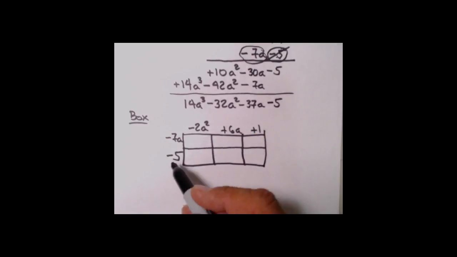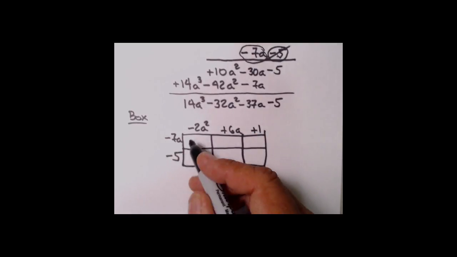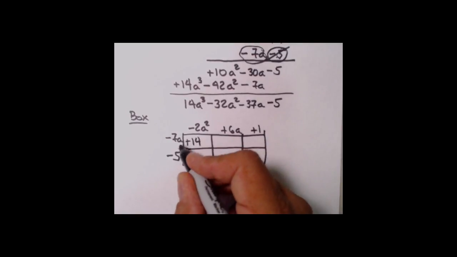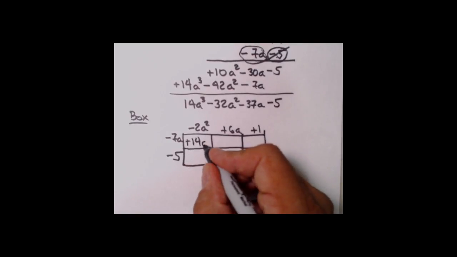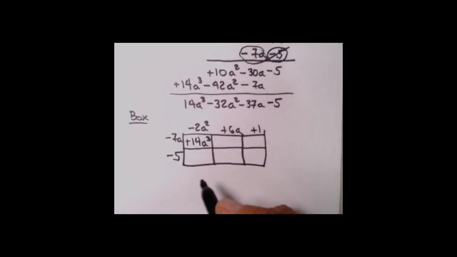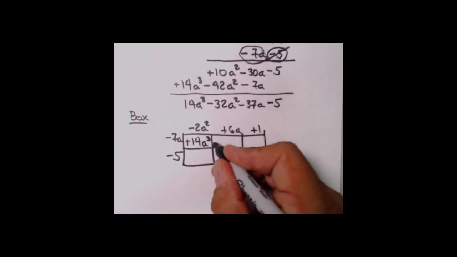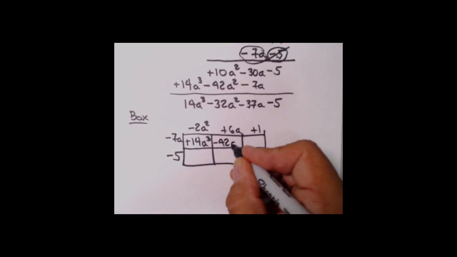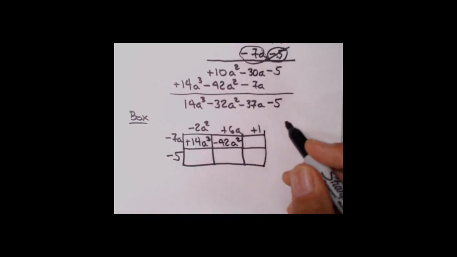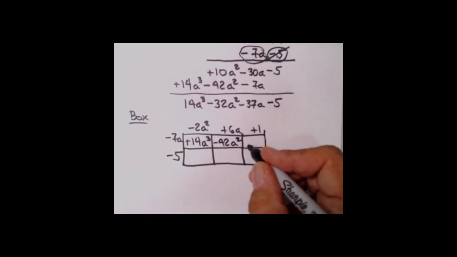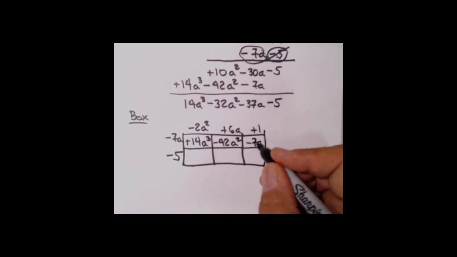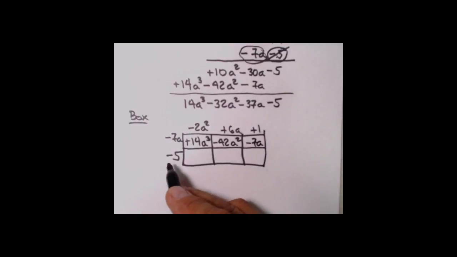Negative 7 times negative 2 is positive 14. And I got a times a squared, a cubed. Okay, negative 7 times positive 6, negative 42. A times a is a squared. And then negative 7a times plus 1, well, that's just negative 7a. Okay, going down to the next row.